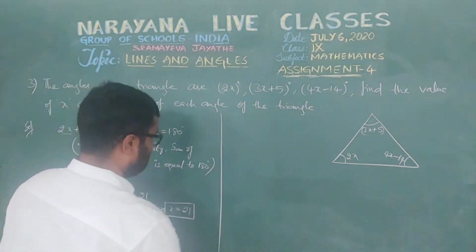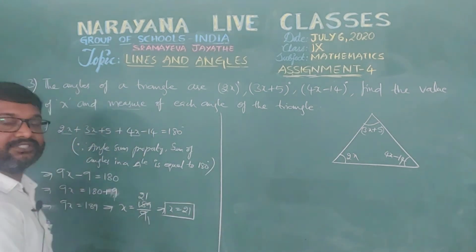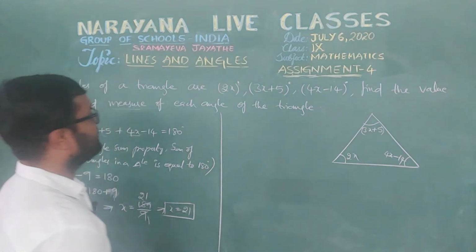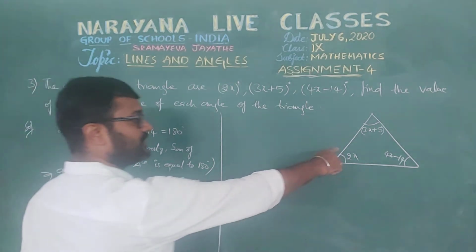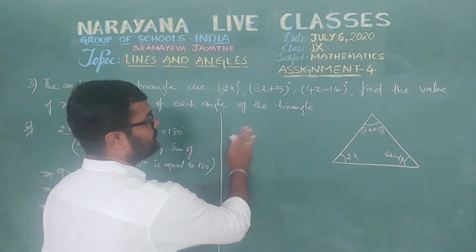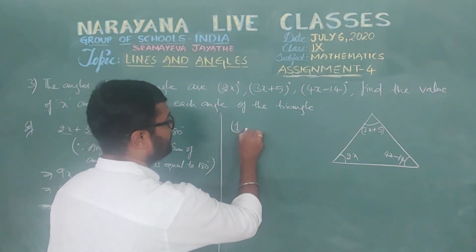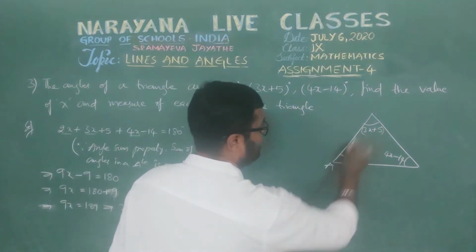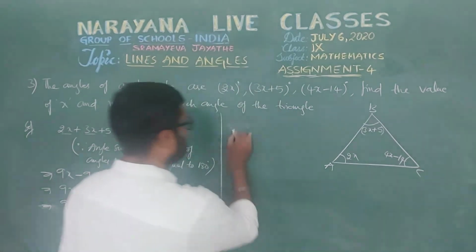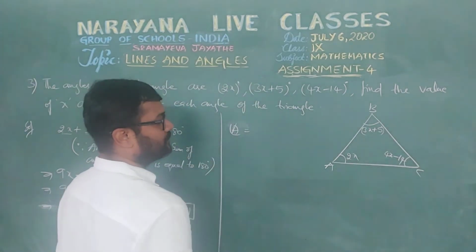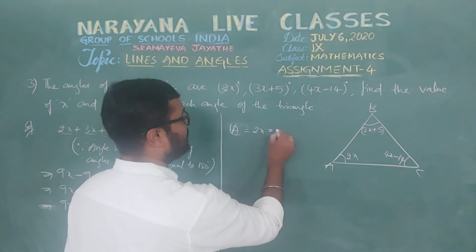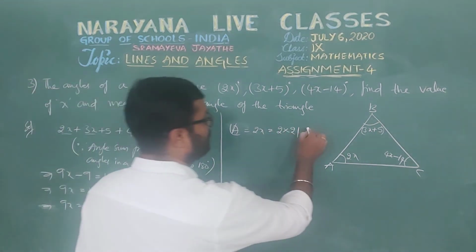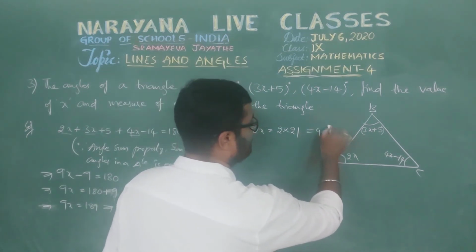Then now we find that x is equal to 21. Now we need to measure each angle of the triangle. Let's take this as A, B, C. Angle A is equal to 2x, nothing but 2 into 21. What is the x value? 21. So which is nothing but 42 degrees.